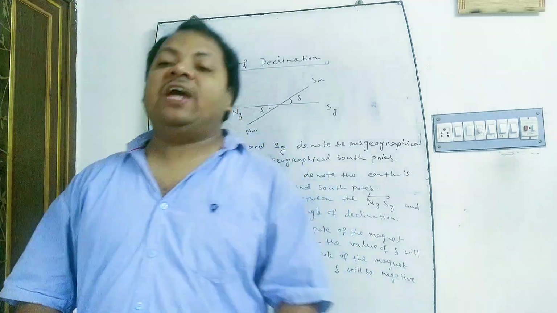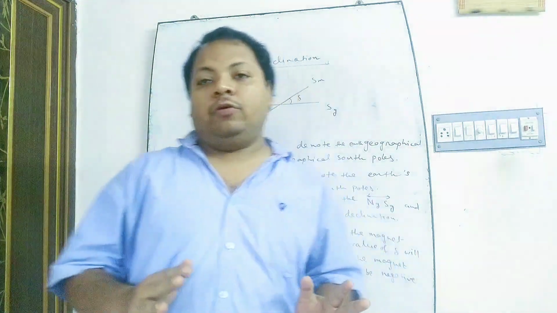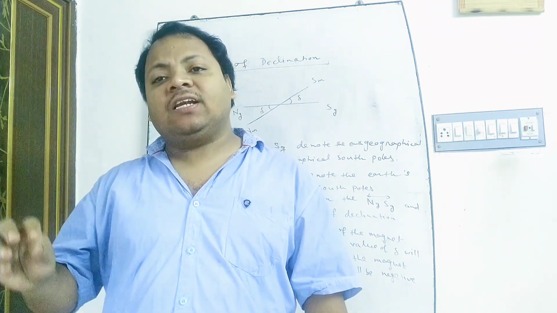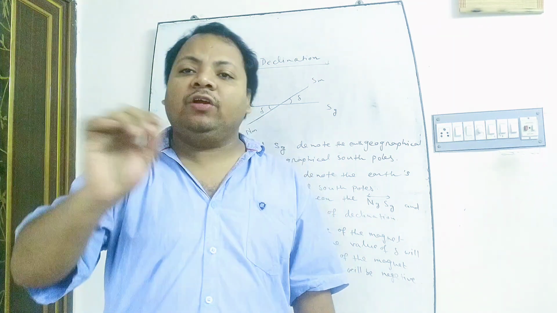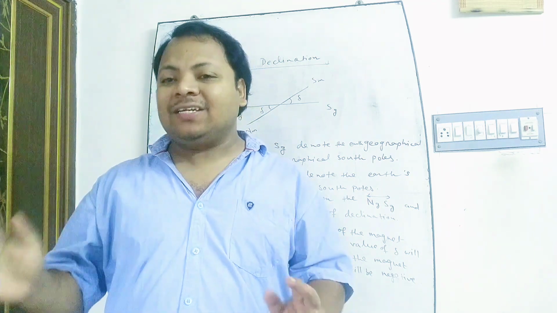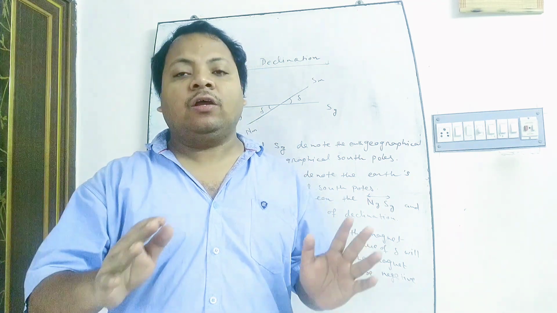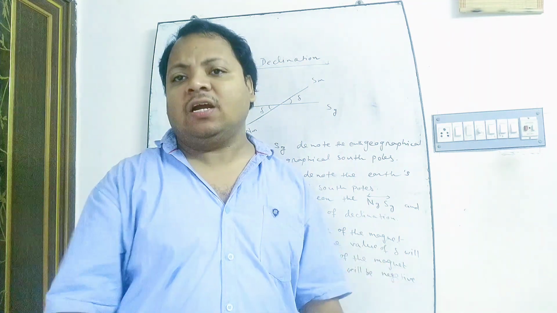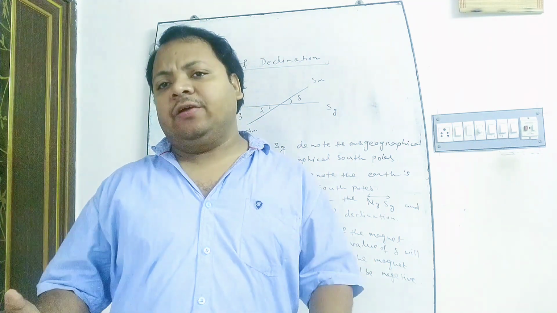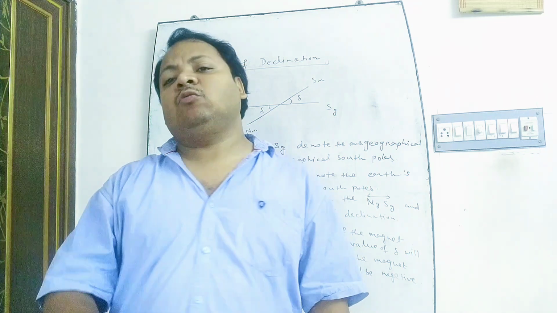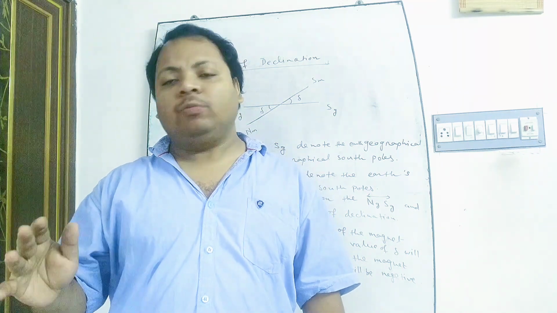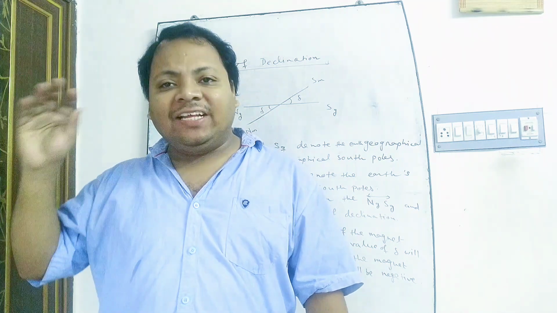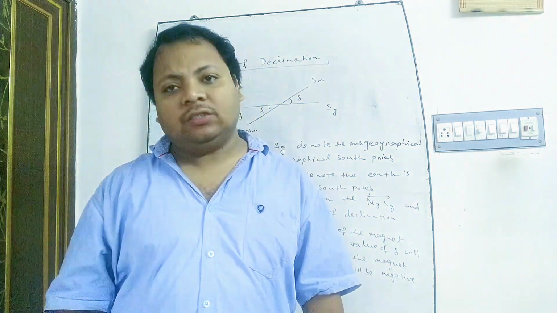You know that the position of the magnetic north pole is not exactly at the geographic north pole. It is somewhere in Canada, and the magnetic south pole of the earth is not placed exactly at the south pole of the earth.